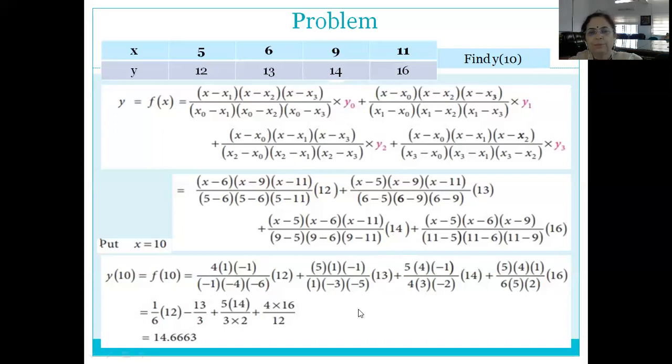With the use of computers it may be possible, but manually it really becomes very difficult to have all the calculations done once again. So this is a limitation of Lagrange interpolation, though it is useful for evenly as well as unevenly distributed data points.